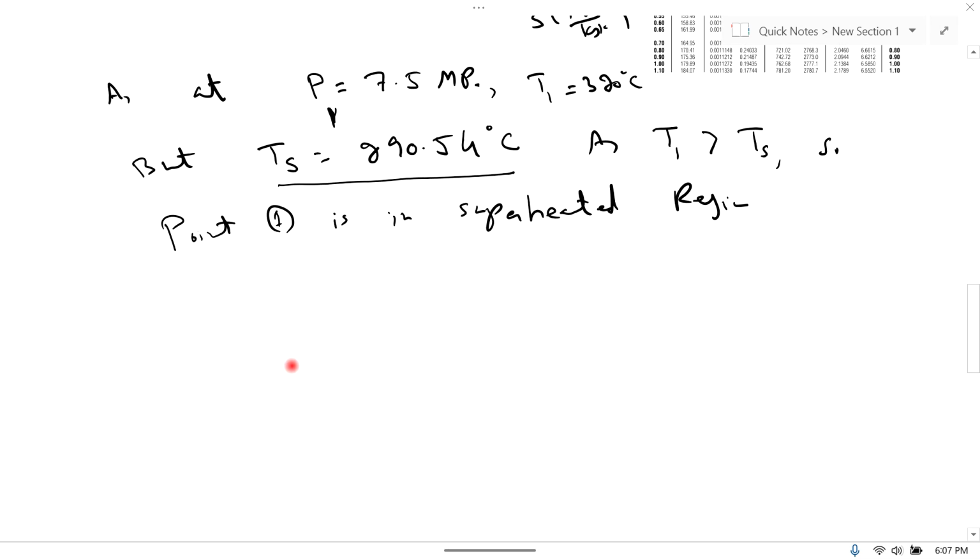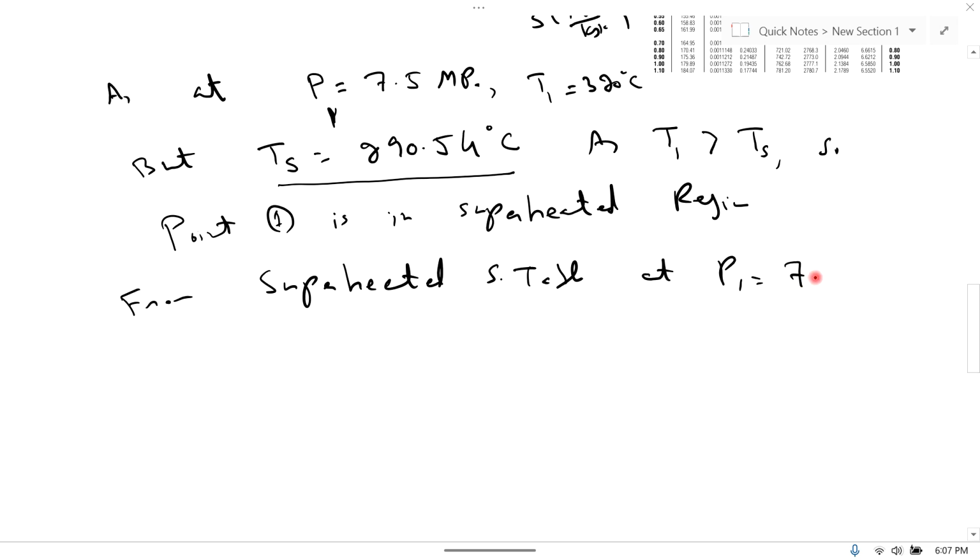Now we will use the superheated steam table. From the superheated steam table, at pressure P1 equal to 7.5 megapascal and T1 equal to 320 degrees centigrade, we find point H1 and point S1.